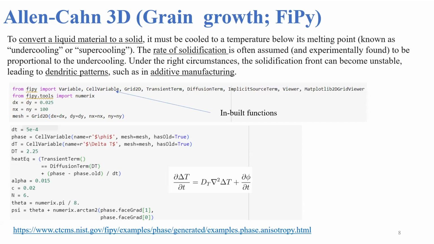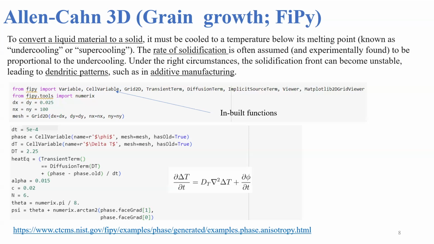There's another example that we will try to solve, or maybe give as an exercise: how ice forms from water. That is also a good phase field problem. Unlike defining each variable in the previous slide, we'll use some inbuilt functions in PyPhi, like cell variable, diffusion term, and so on.